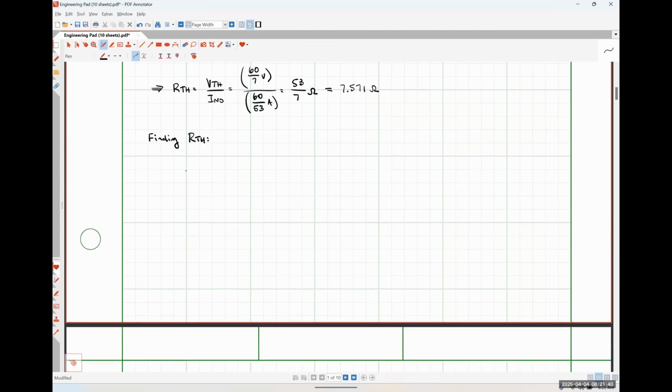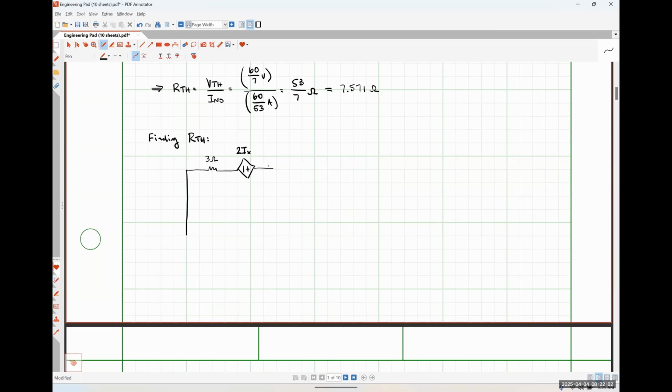So that means my 10-volt source is off. Here's my 3-ohm resistor. I can only turn independent sources off, which means my dependent sources have to stay on.